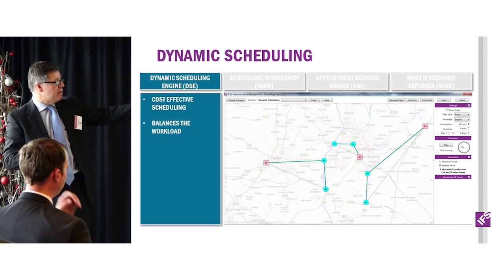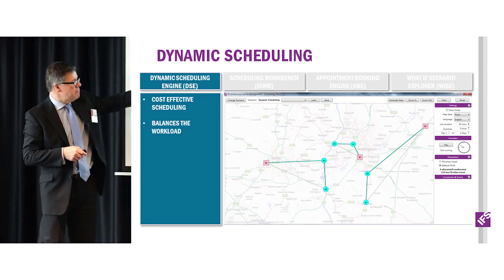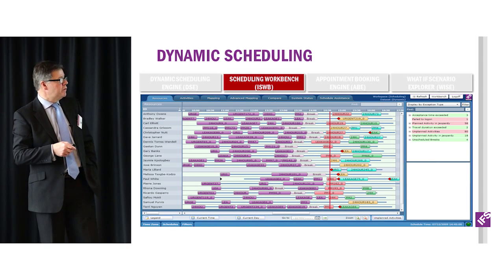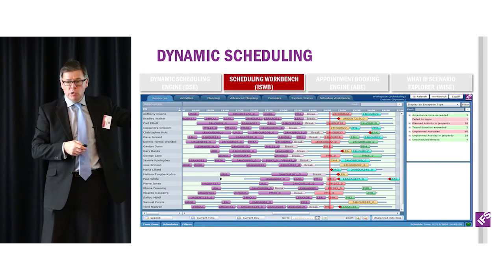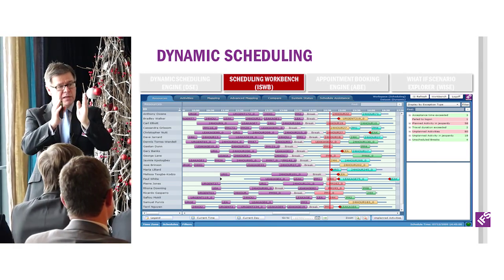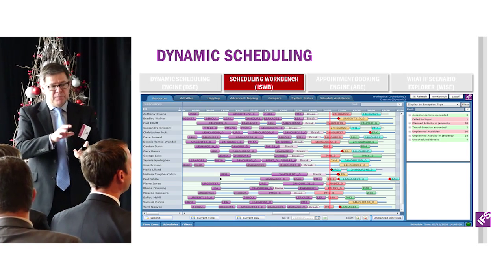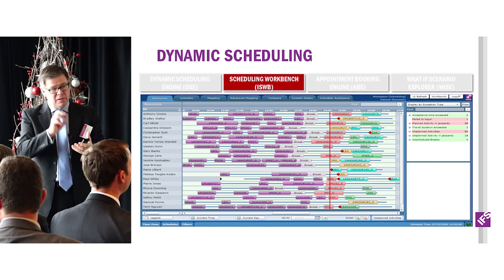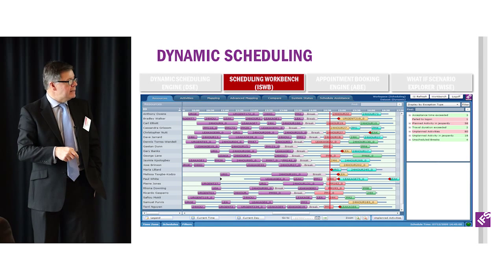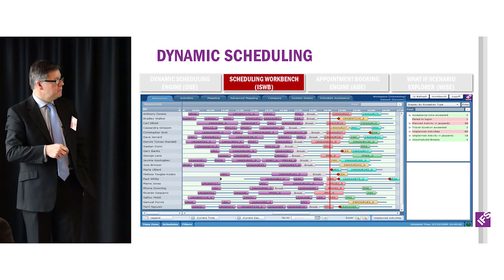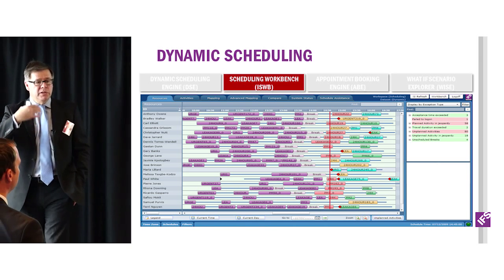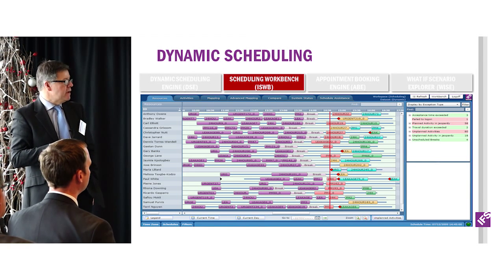So you're working in a geographical area, and it manages the most cost-effective way of scheduling the workforce. And then, on a real-time basis, this is the scheduling workbench, it is monitoring from their handhelds what's happening. And as Pekka mentioned earlier, you tend to manage only by exceptions, jobs that need intervention, that are going to be late.